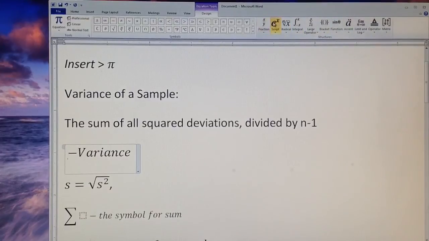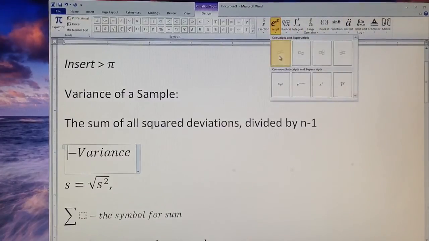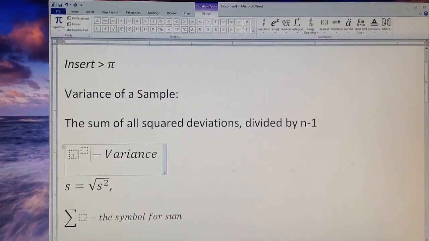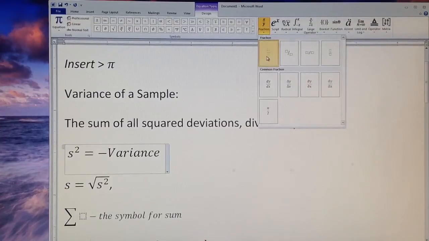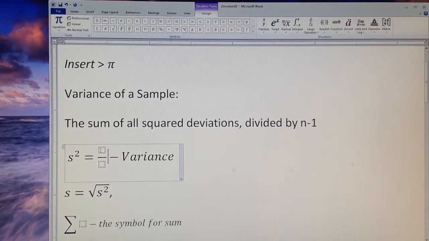First of all, whenever you are trying to type an exponent, you need a place value for the base. In our case, the base is the standard deviation symbol, or S. Then we need the exponent, which is 2. And then the formula for variance needs a placeholder for a fraction, because the variance is a fraction of all squared deviations.